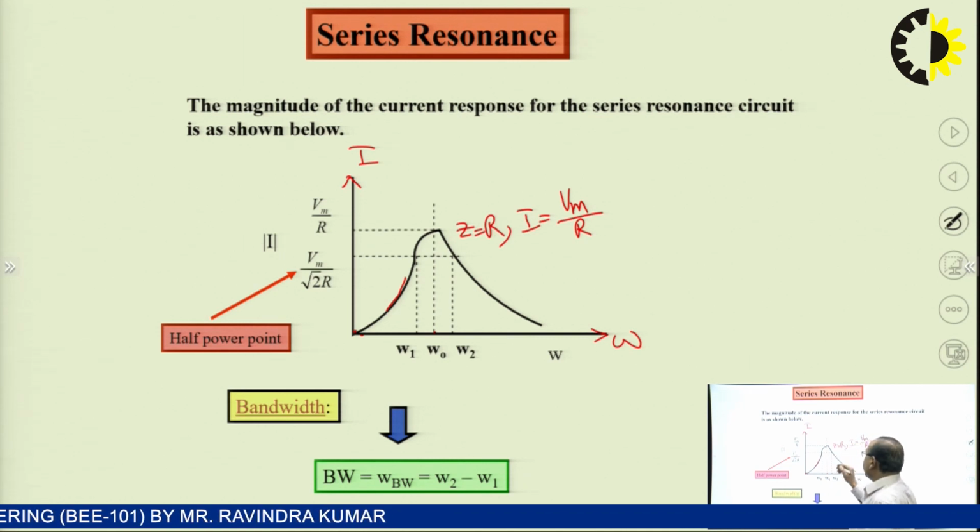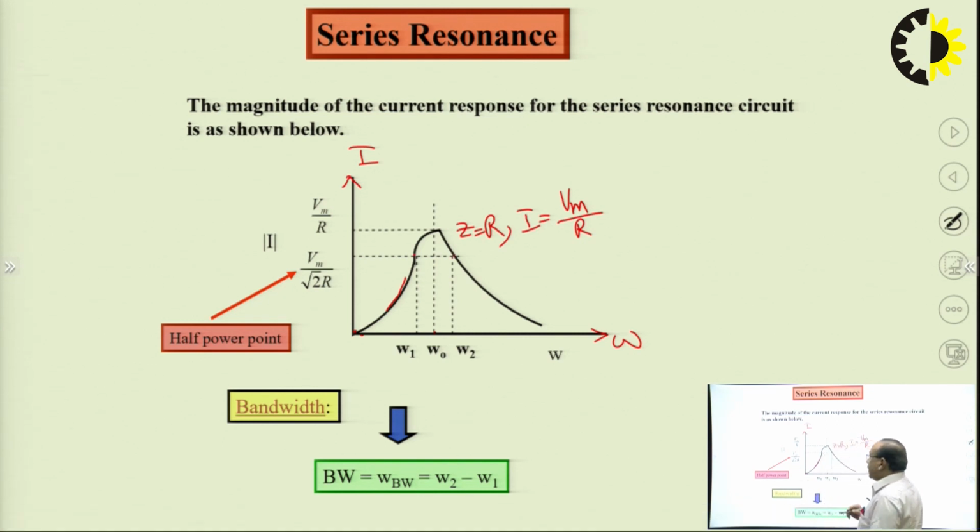Now, on this curve we locate these points, one is this point, another one is this point. At these points the current magnitude is 1 by root 2 times the current magnitude at resonance, and the power at these points will be half of the power at resonance.